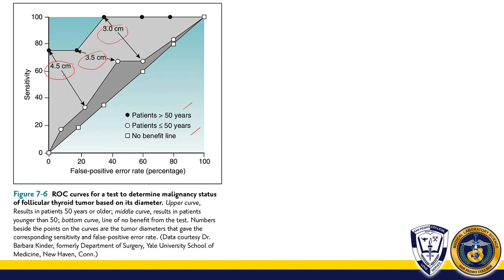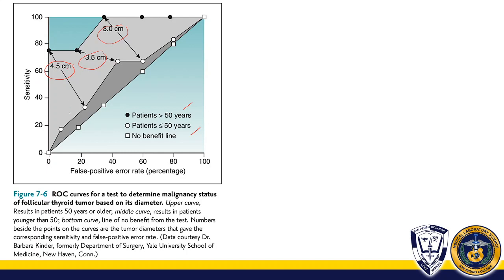How about sa 3.5 centimeters na diameter sa tumor? So, kung tan-awon nimo sa older individual, mga 75 gihapon, pero ang false positive error rate nasa mga 20. While diri sa mga younger ones, ang sensitivity mga 65 na lang. Tapos ang false positive error almost 45.